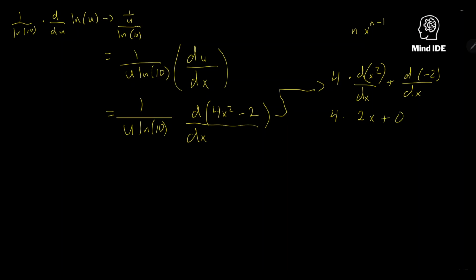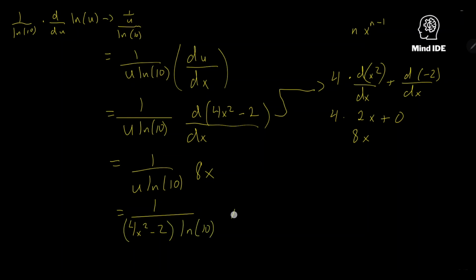And then this becomes 0, so we've got 8x, which means 1 over u natural log of 10 times 8x. And then we just substitute in our u.